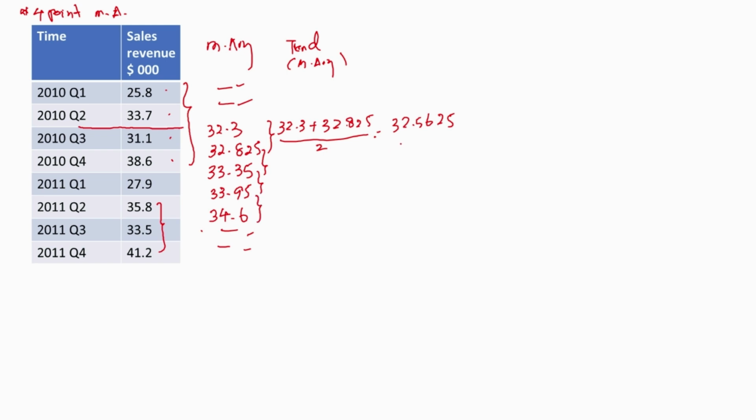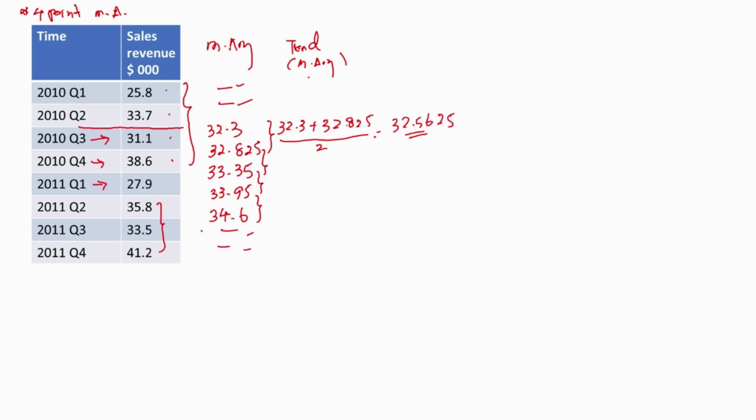Now this average value will have an aligned time period. This will align with the 2010 quarter 3. The next average value will align with 2010 quarter 4. The other average value will align with 2011 quarter 1. Now we can reliably plot the trend on the graph because every average point has an aligned time period.